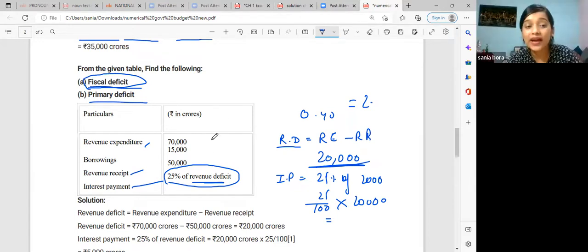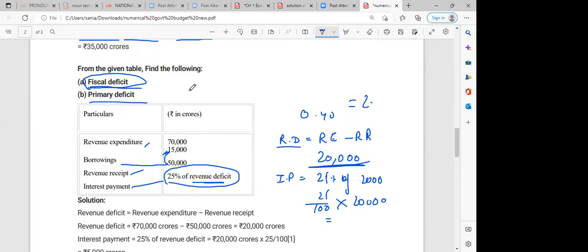Borrowing. Yeah. Why? Because here total expenditure, nothing is given, right? So automatically what will happen? Your fiscal deficit is this, sorry, this one, 15,000. This is a little bit you just have to adjust. Everyone got this question? Okay, so I'll just erase it and then you can solve.